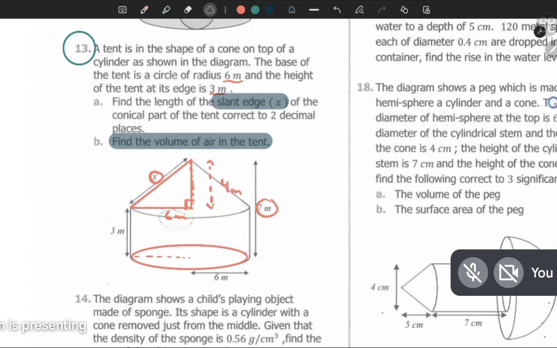You have one length which is 6 meters and one length which is 4 meters. What was the formula for Pythagoras theorem? A square plus B square is equal to C square.